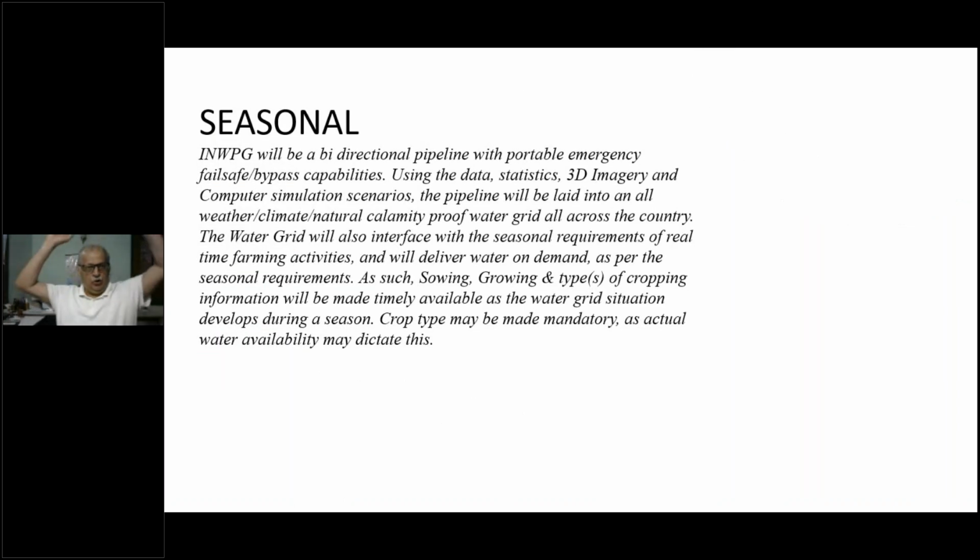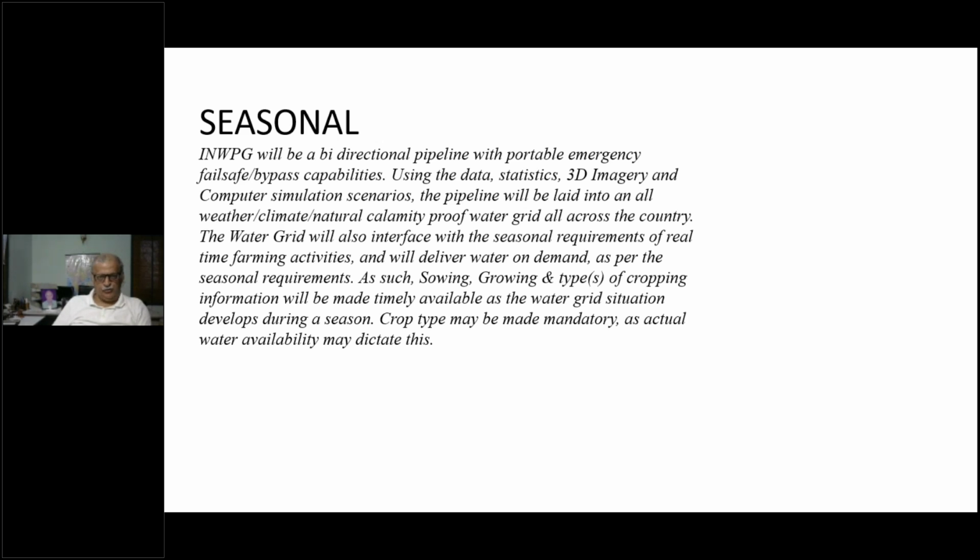After that, the INWPG will be a bi-directional pipe with portable emergency fail-safe bypass capabilities. Using the data, statistics, 3D imagery, and computer simulation scenarios, the pipeline will be laid into an all-weather, climate and natural calamity-proof water grid all across the country.